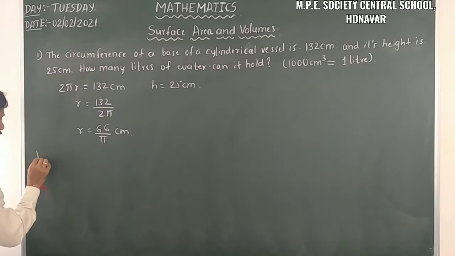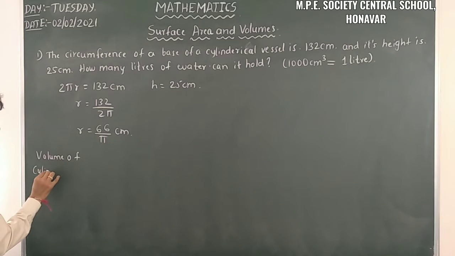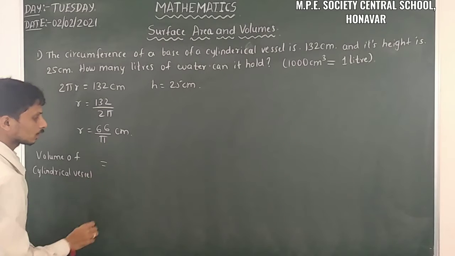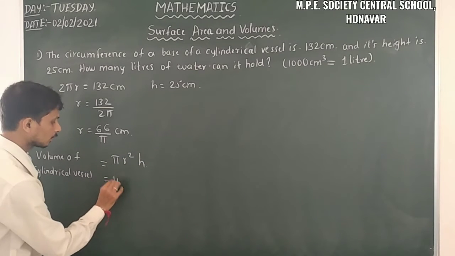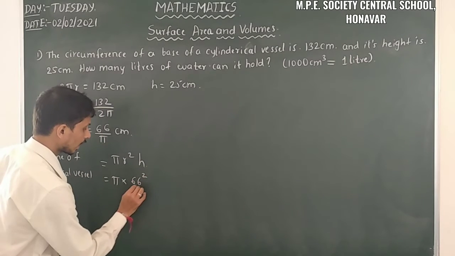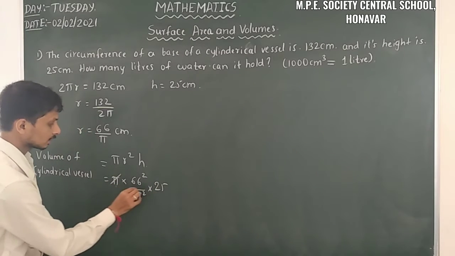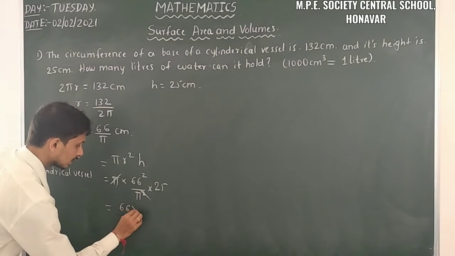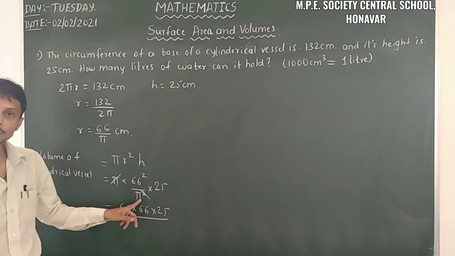So volume of the cylindrical vessel is equal to pi r square h. So what's the value of pi? First we just write pi only, and here r, just observe, is 66 by pi, so we have 66 square divided by pi square into h, which is 25. We can cancel out 1 pi here, easily. It is equal to 66 into 66 into 25 whole divided by pi, and pi is nothing but 22 by 7.